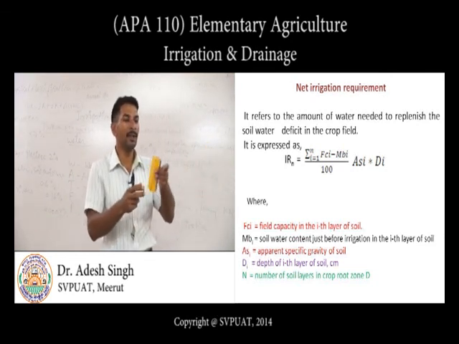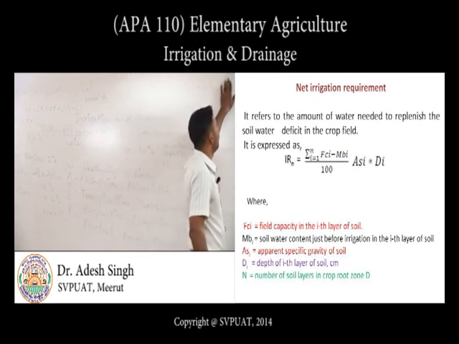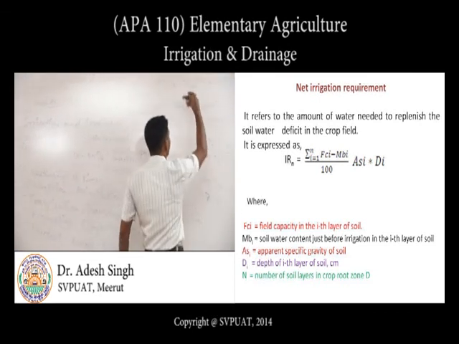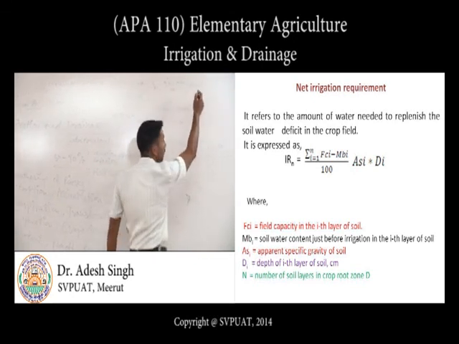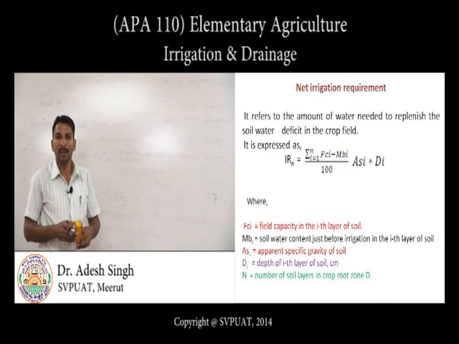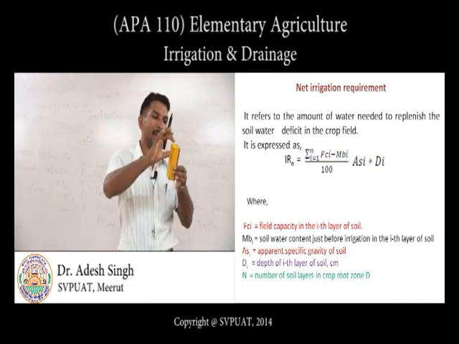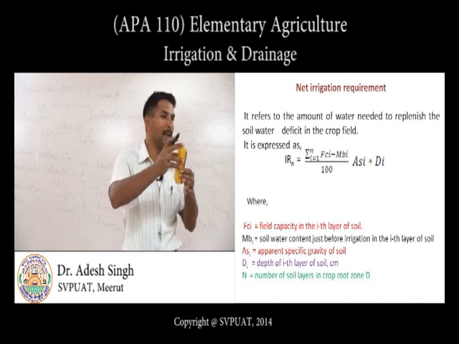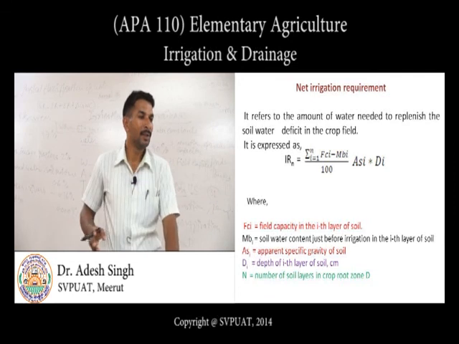Clear? So if there is only one layer, then I is equal to 1, and FC and DI have a single value. If there are 3 layers, then the first layer has different values of all these parameters, the second has different, the third has different, clear?